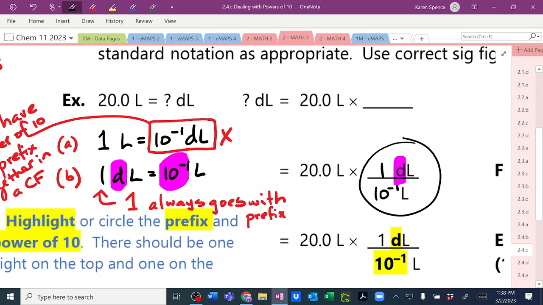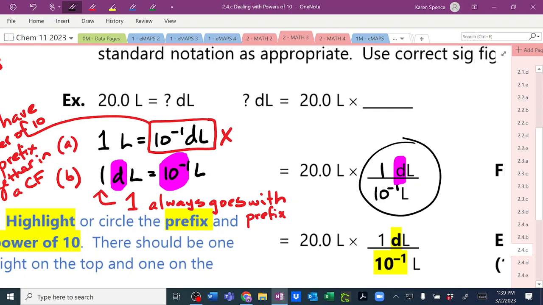Keep doing that for yourself. Think it through every time. These are really easy calculations, but so many people mess up by writing it the wrong way round. They'll write 10 to the -1 deciliters is equal to 1 liter. Sometimes if you just think about it, if you think, okay, I have a liter, and I have a deciliter, so I got 1, 2, 3, 4, 1, 2, 3, 4, 5.